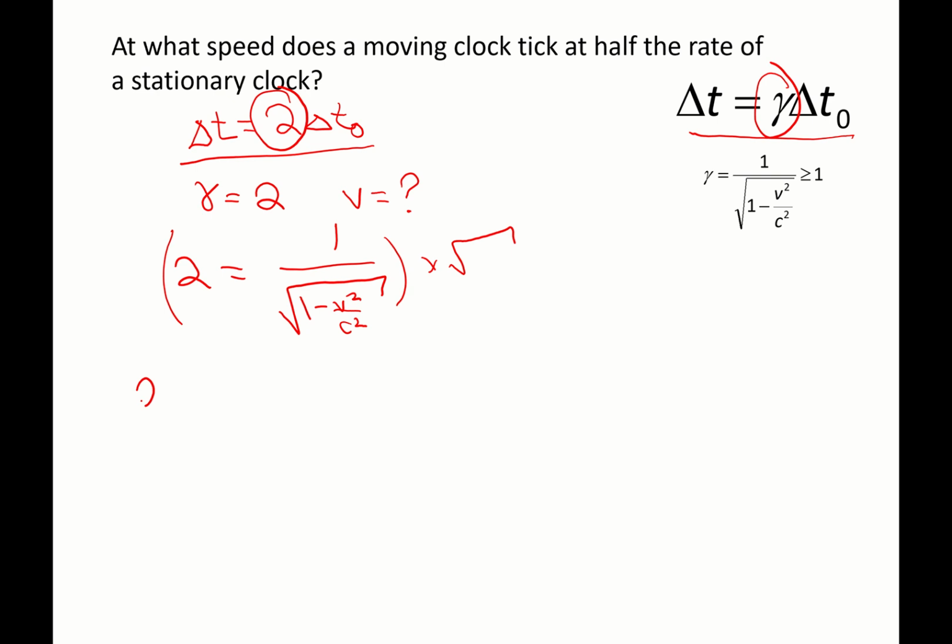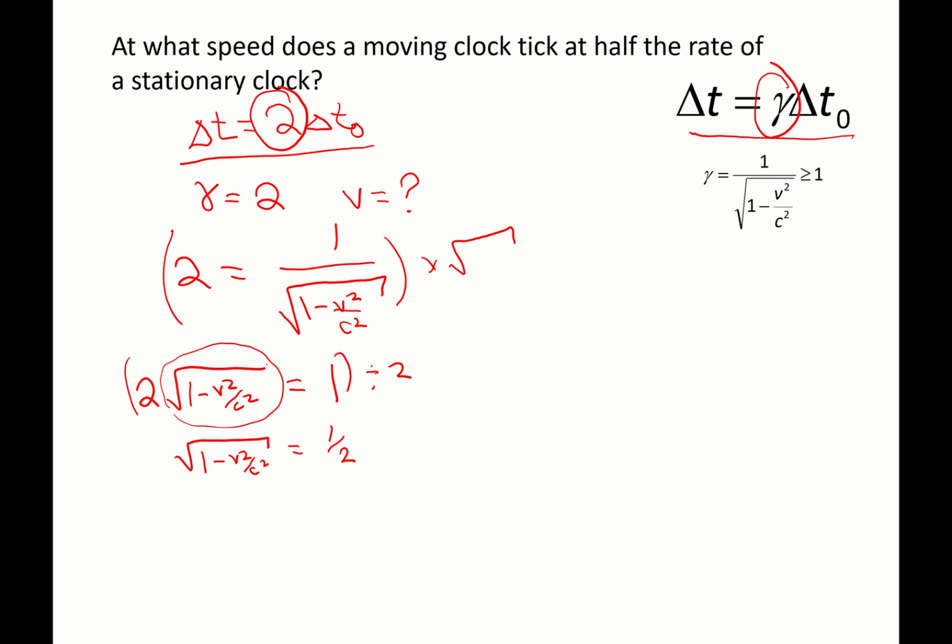Okay, so I've got 2 times the square root of 1 minus v squared over c squared is equal to 1. Okay, now I want to get the square root by itself before I unsquare it, so I'm going to divide both sides by 2. So square root of 1 minus v squared over c squared equals 1/2.